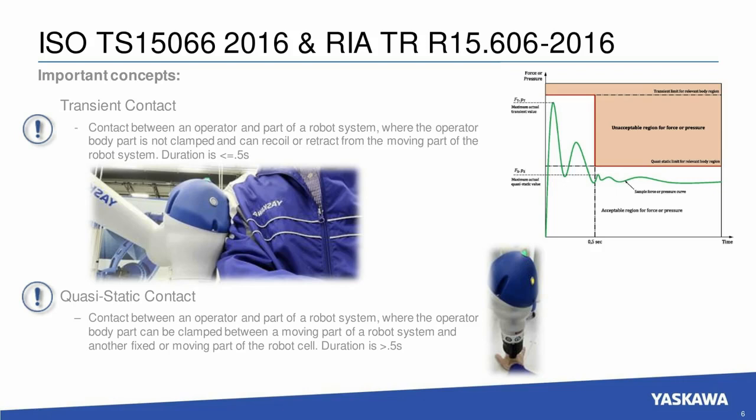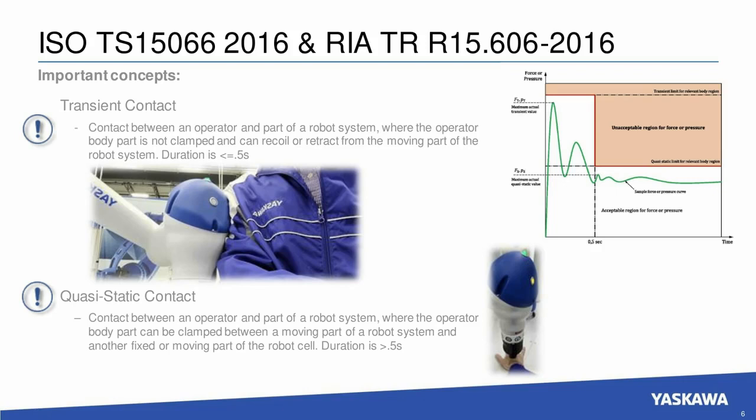And I know that's great, because what does quasi-static mean? Well, quasi-static is contact between the operator and a part of the robot system. And it should be noted here that the robot system isn't just the robot. It's the gripper, it's the tool, it's the part, and the robot itself, and any other part of the robot system, such as fixtures. So in this case, it's contact between the operator and a part of the robot system, where the body part can be clamped.